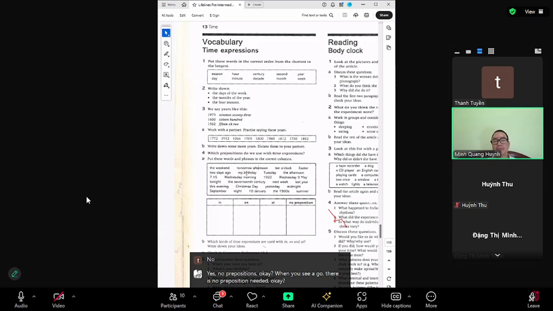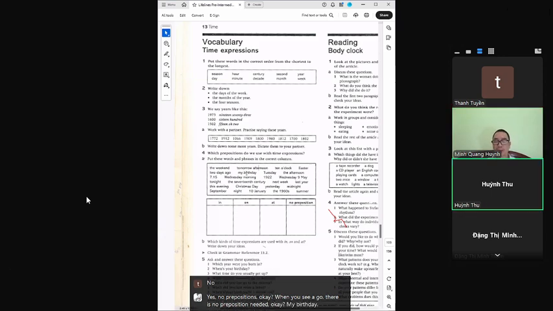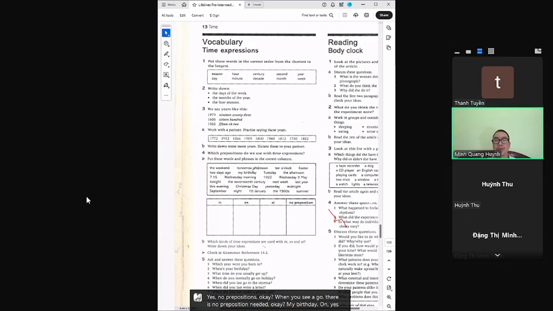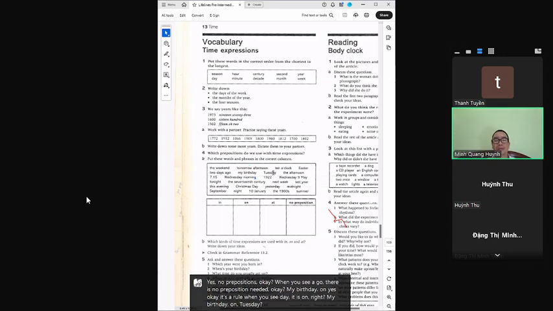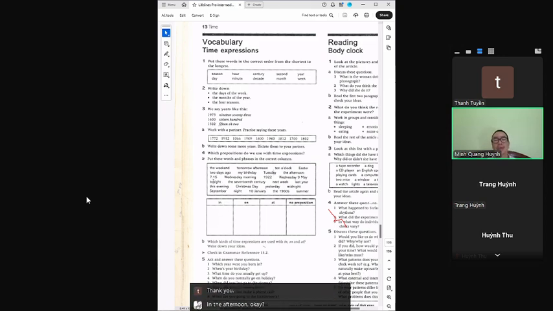My birthday. On. Yes. It's a rule. When you see day, it is on. My birthday on Tuesday. Good. The afternoon. In the afternoon. Okay. 7:15. At 7:15.